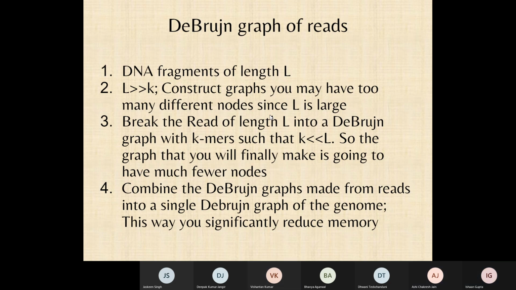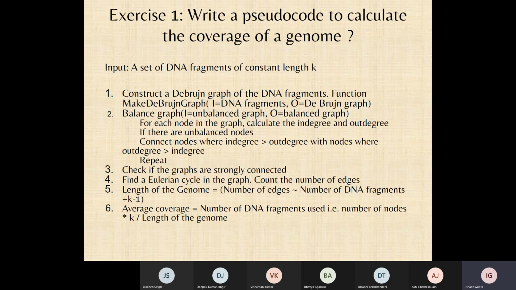Earlier I asked you to make a pseudocode to calculate genome coverage, right? You are basically starting with k-mers. But in reality, you are not going to get a k-mer, you're going to get a read, which has a length greater than a k-mer.